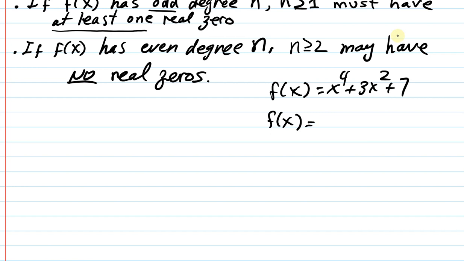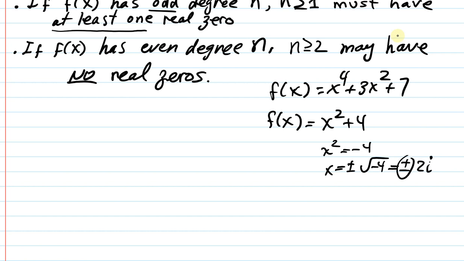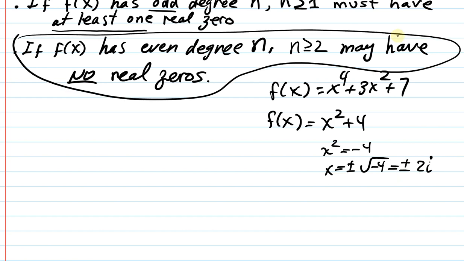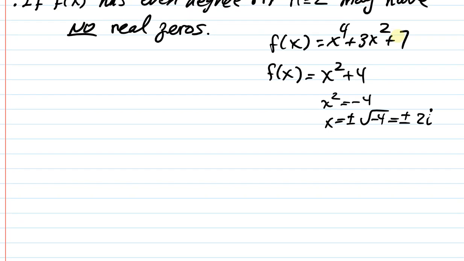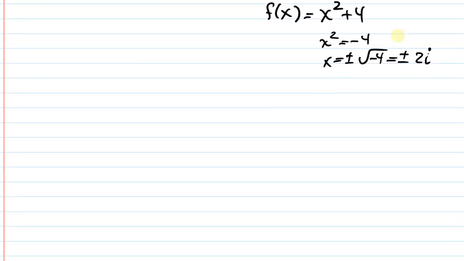A good example is this one, x squared plus 4. This one has no real solution. If I solve this, square root of negative 4 is plus minus, see, they appear in pairs, 2i. So this is what this is saying. If it has a degree greater than or equal to 2, then it may have no real zeros. May have it, may not. So that's what these are.